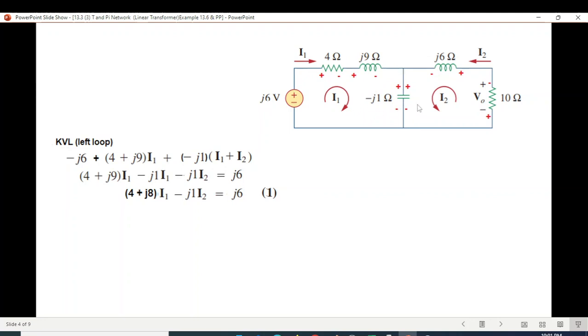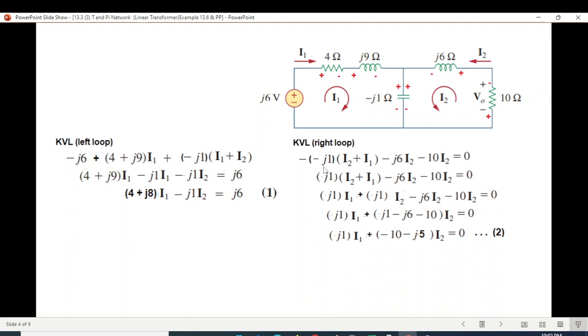Here we have two currents, I1 and I2, and since both these two currents are in the same direction, coming from top to bottom, therefore they'll be added. So minus J1 times I1 plus I2. Simplifying and collecting the like terms for I1 and I2, we get this answer.